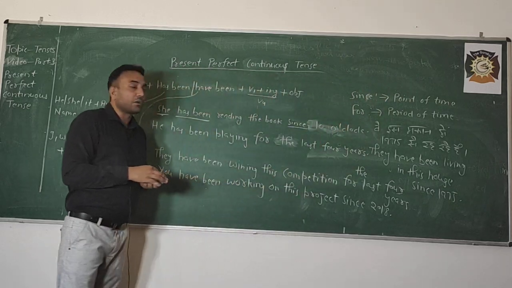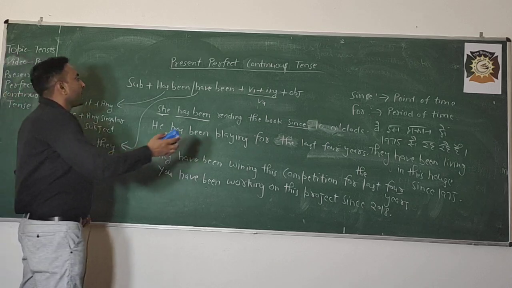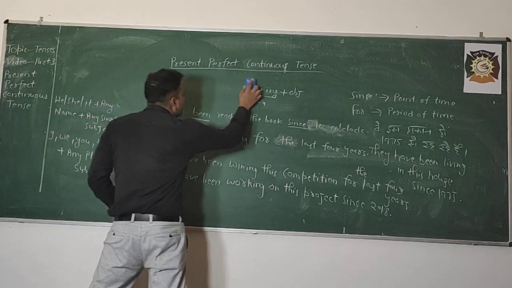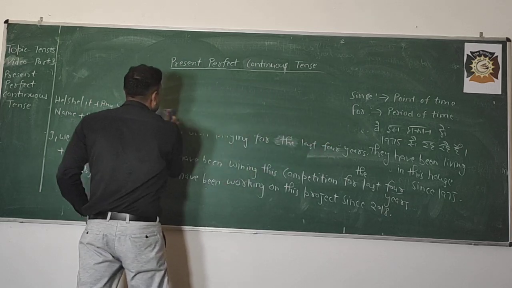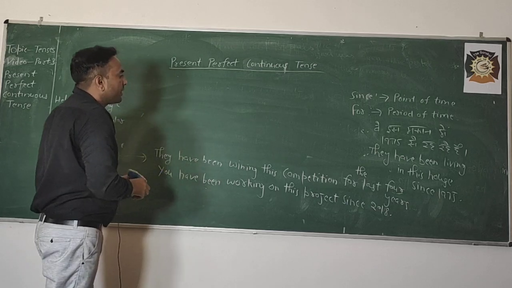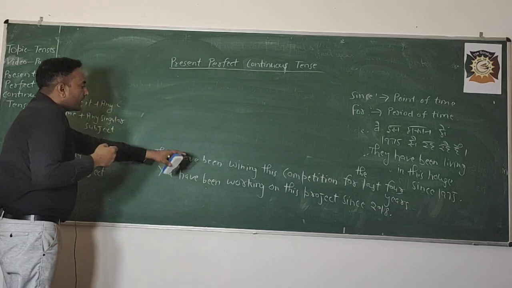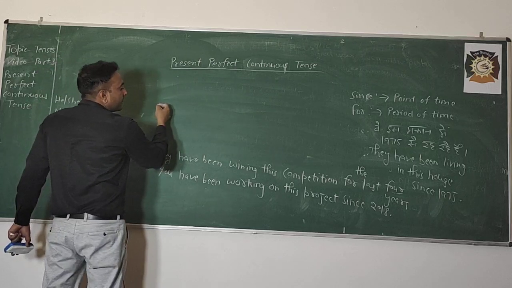And how to change the sentences into negative, interrogative and negative interrogative. I will change one sentence for you, the rest of the sentences you all will have to change. Suppose this sentence is written, that you can see on the board: they have been winning this competition for the last 4 years.